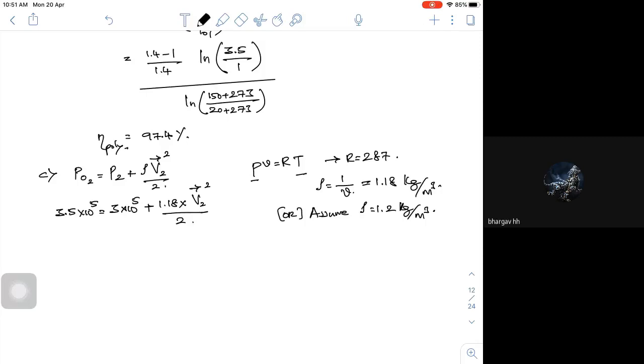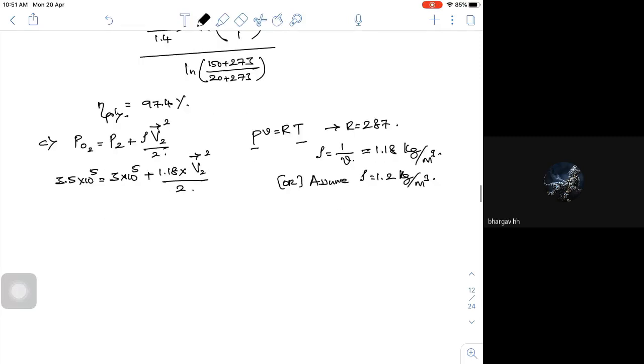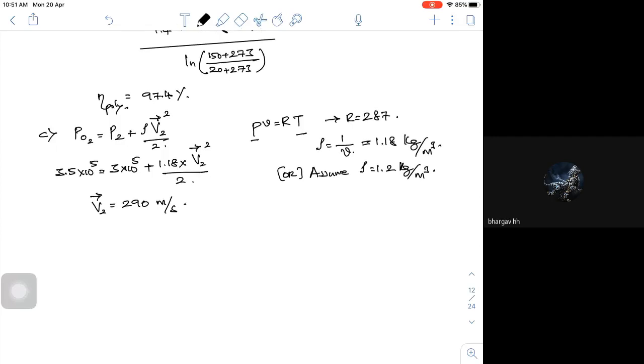Fine. So 3.5 minus 3. So this particular, if I do multiply by 2 divided by 1.18, take square root of it. So I am ending with 290 meters per second. This is one way of doing it.